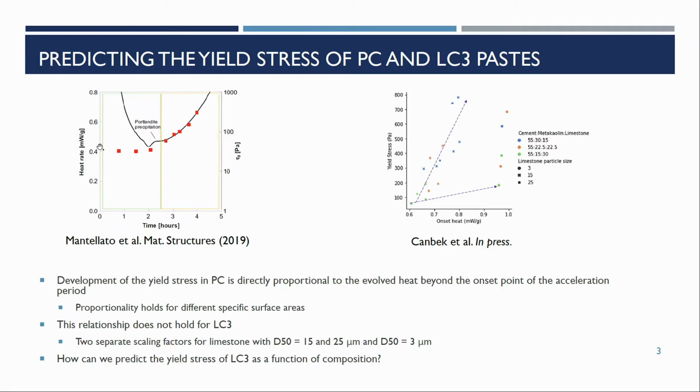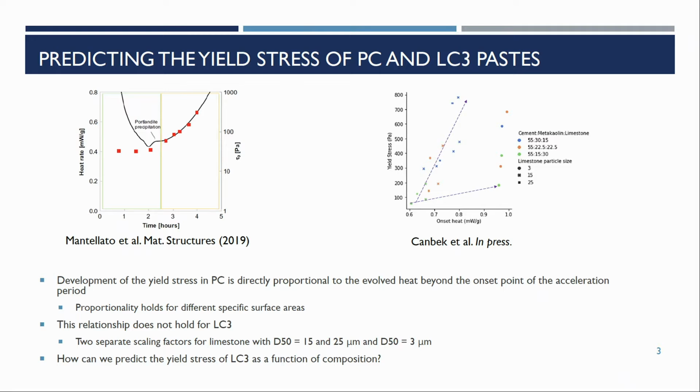The rate of heat evolution is basically directly proportional to the yield stress of the paste. The interesting thing in this study was that they showed that this scaling relationship held even for different average particle sizes, suggesting that it was holding even as a function of the specific surface area of the cement, of the Portland cement in this case.